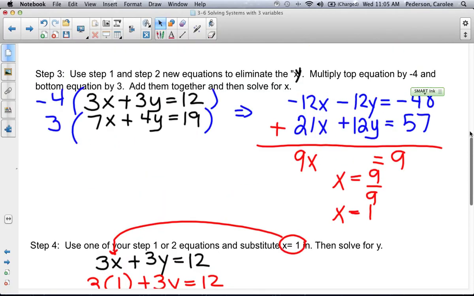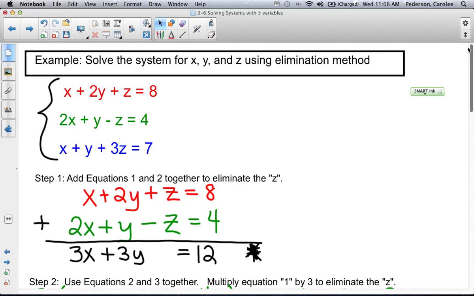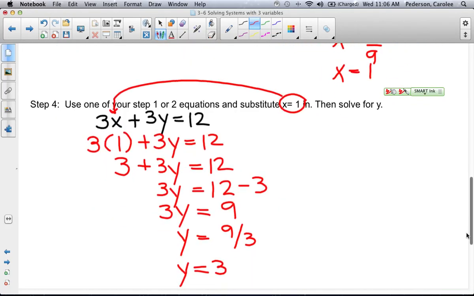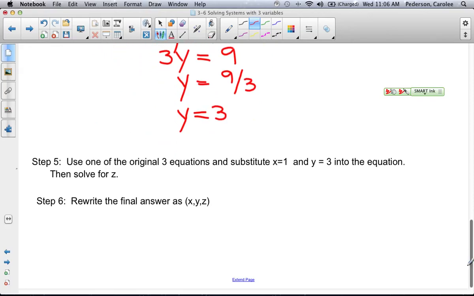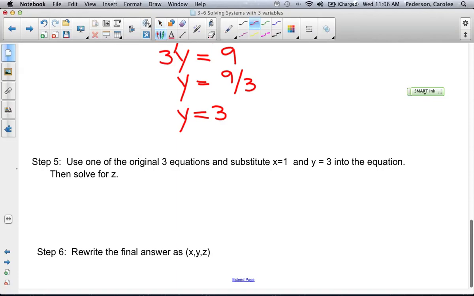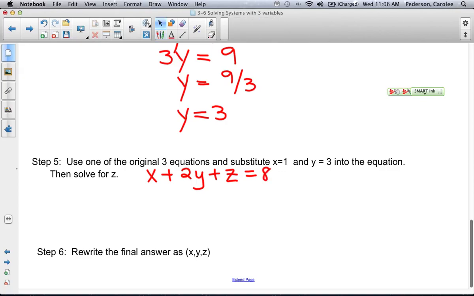So here is my original system. I'm going to choose the top equation, the red one: x plus 2y plus z equals 8. I substitute x equals 1 and y equals 3 into this equation.